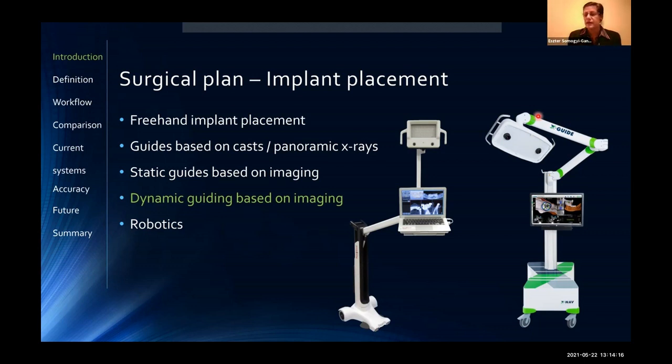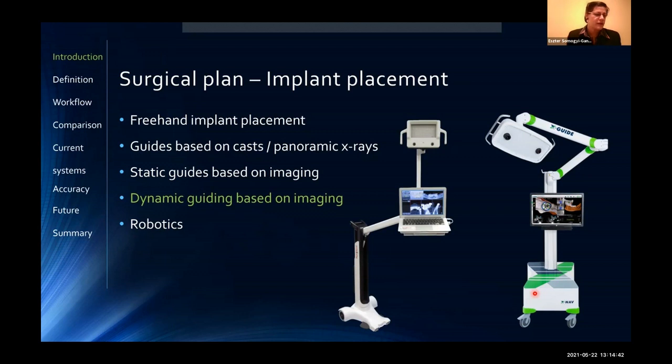Very often I just call them ET because they have two nice big eyes, but the point is they usually have a camera, which is somewhere on top and has a flexible arm that can move this camera around. Then there is a monitor where one can plan and also follow the surgery. And then very often there is something very heavy in the bottom so that the whole system doesn't topple over.